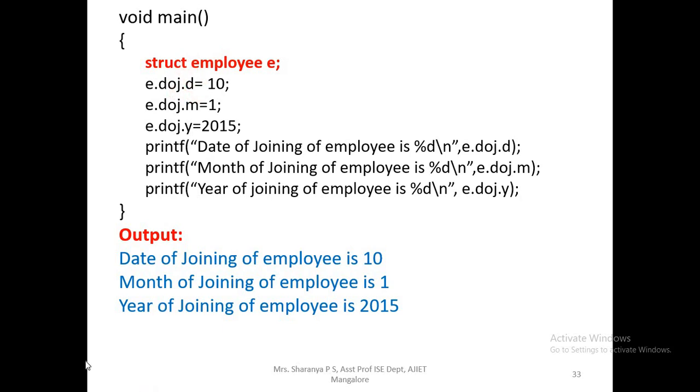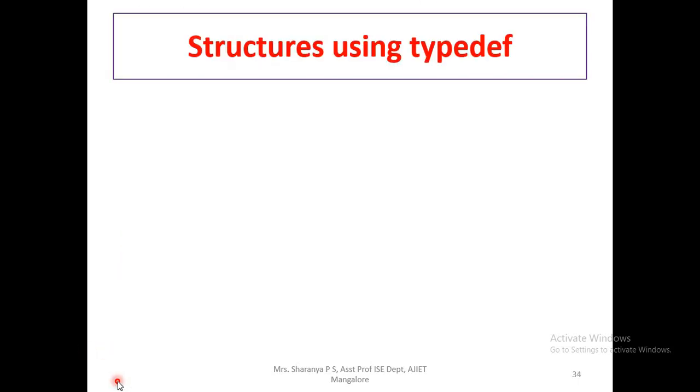This is how we can make use of the nested structure. If we look into the output here, the date of joining of the employee is 10. The 10 is fetched by using E.date_of_joining.D.